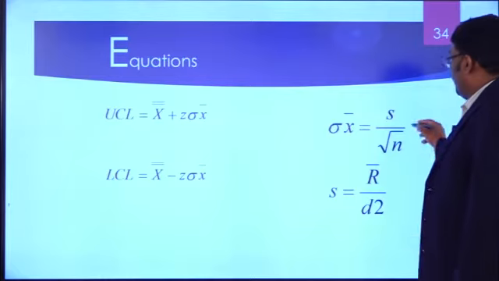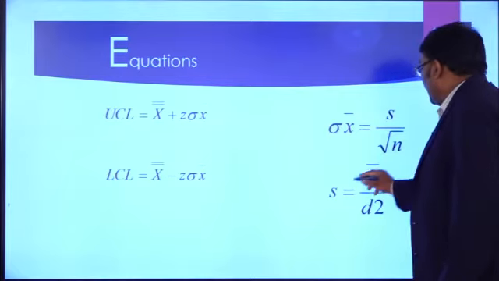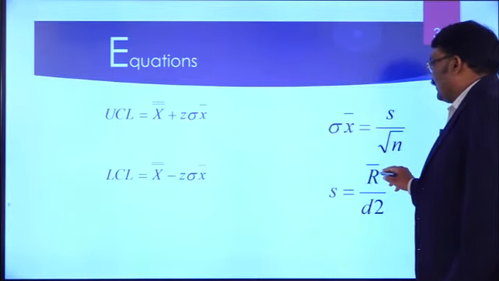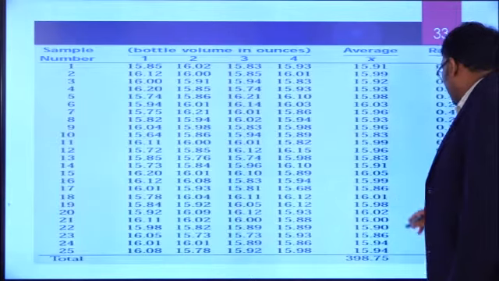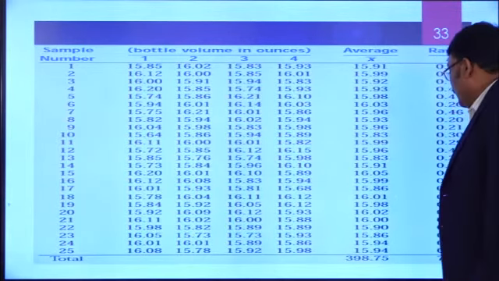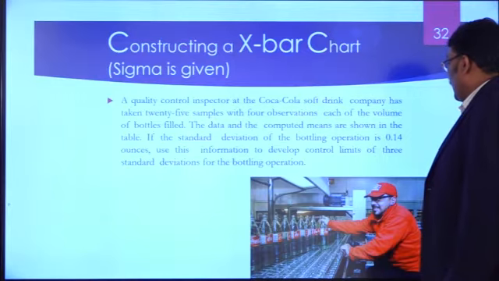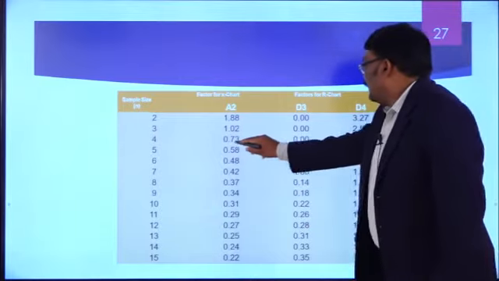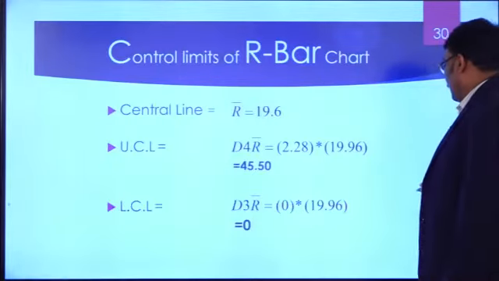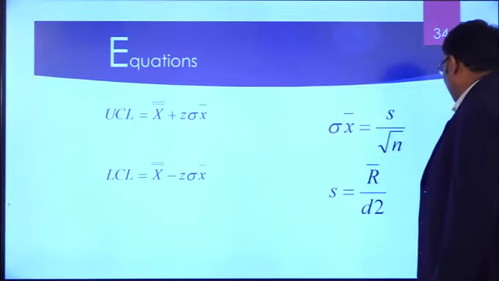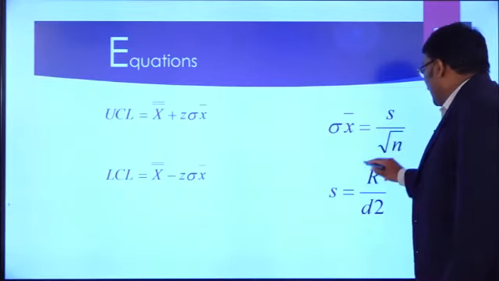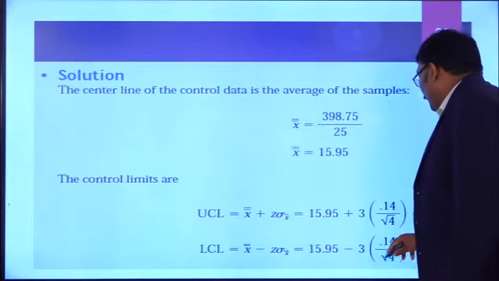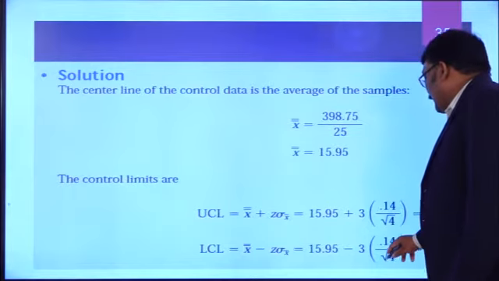See here, S bar is equal to 7.17, and the D2 value is given at the given level. Applying those values of R bar, you will get 0.14 divided by root 4.